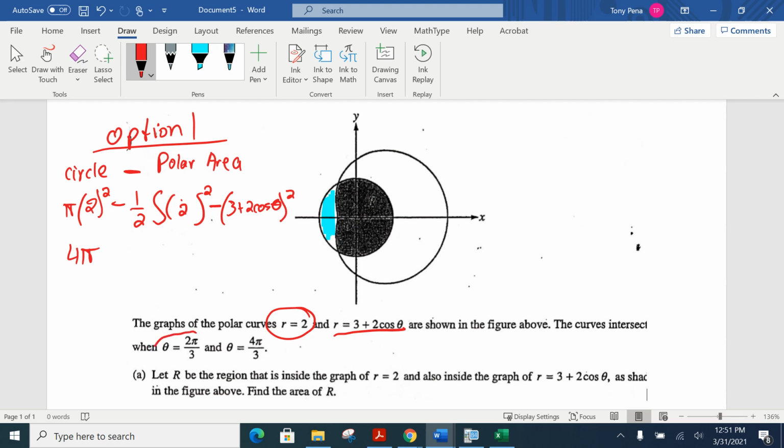They're very nice because they actually tell you where these intersect, 2 pi over 3 to 4 pi over 3, so that was nice of them. Those are your limits. Wouldn't that then get rid of this blue area? And if that gets rid of the blue area, so magically there it's gone, wouldn't that then leave us with everything that's in between?